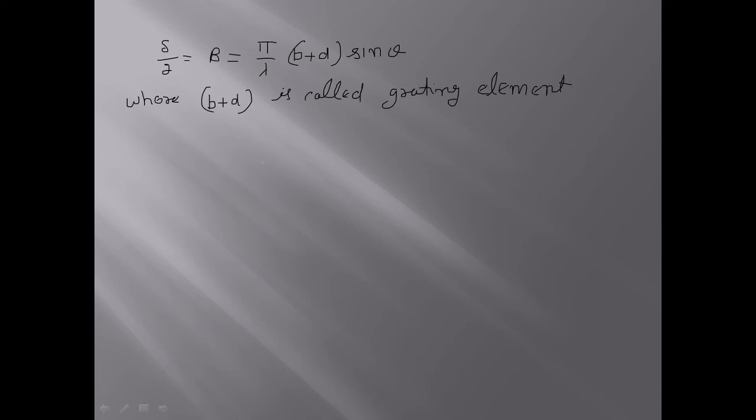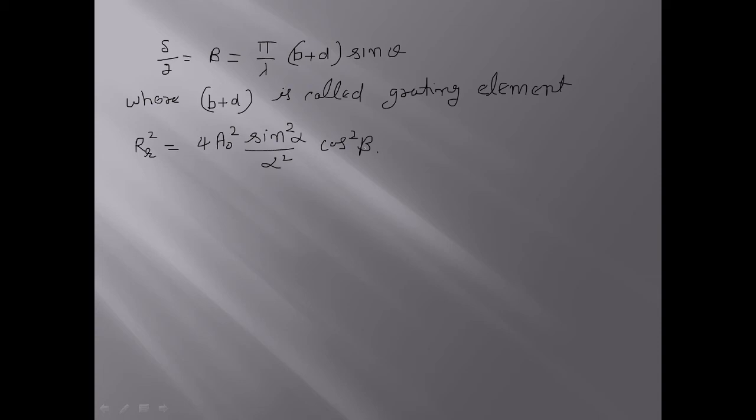Then the resultant amplitude at point P is equal to 4 E naught square sine square alpha divided by alpha square cos square beta.